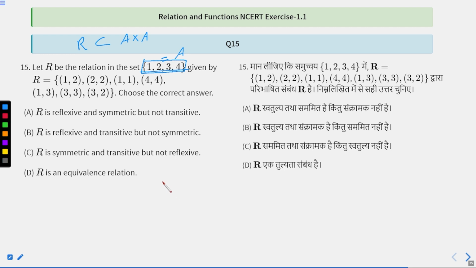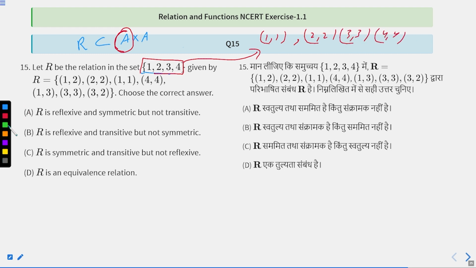So, is it reflexive? For reflexive, you need to see this set. So this set is this. Now pick every element and pair it with itself: 2 comma 2, 3 comma 3, 4 comma 4.